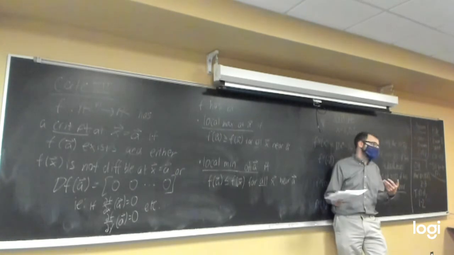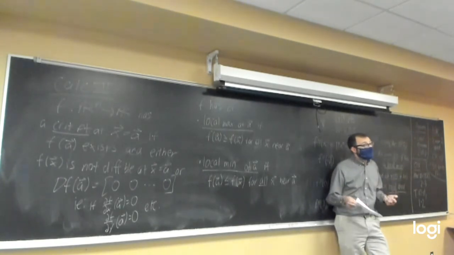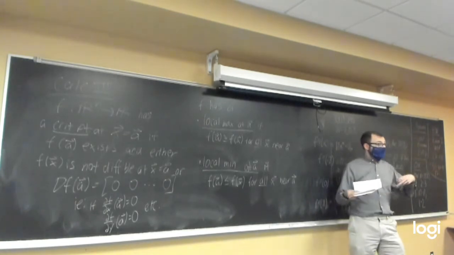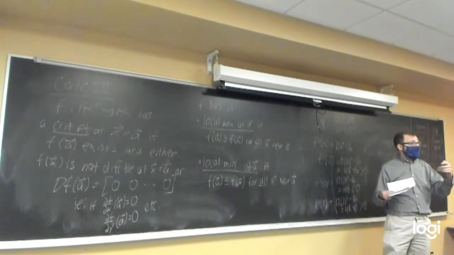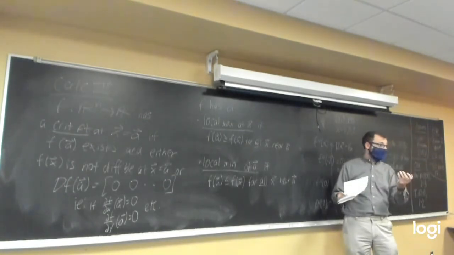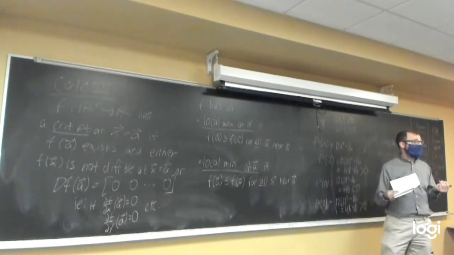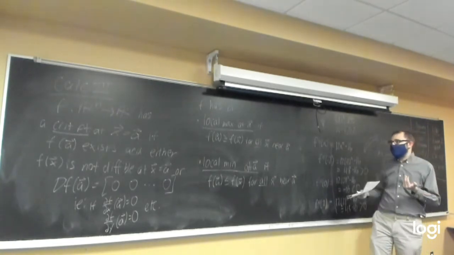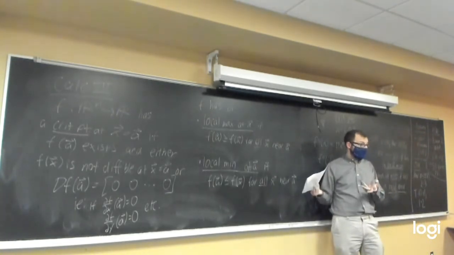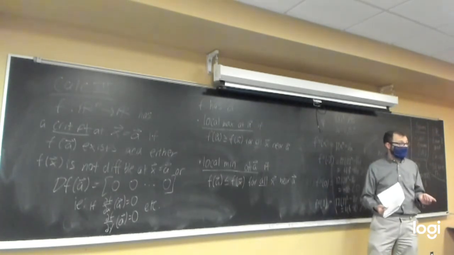There's only two directions that you can look at for x that's close to a. For a multivariable function, you have to talk about all the x near a in infinitely many directions. To the left, right, up, down, any directions compared to a, we would have to compare and see that f of a is bigger than all those nearby points, or smaller in the case of a local min.